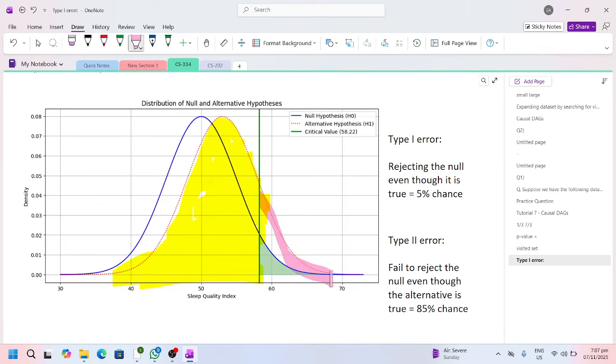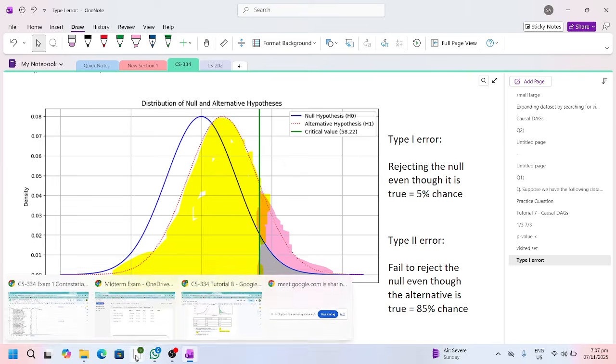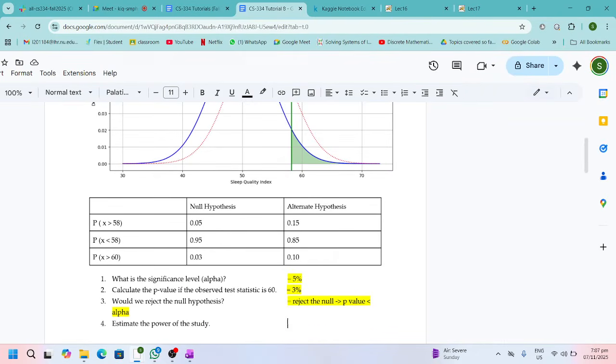So, you know, अगर वो रीजन येलो में है, ऑल्टरनेटिव ट्रू है, तो पीछे ये पिंक वाला रीजन बचता है, the region towards the right of your critical value in your alternative hypothesis curve, which is going to be 1 minus 85%, which means 15%. This is the power of your study. You have 15% power.